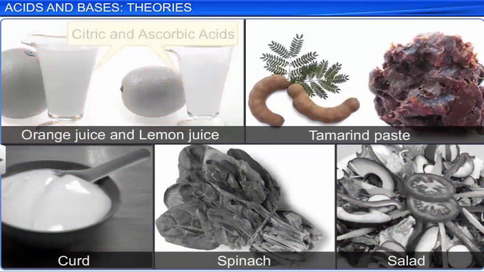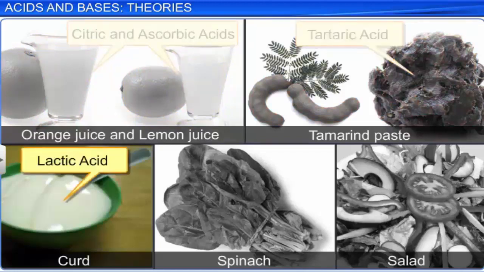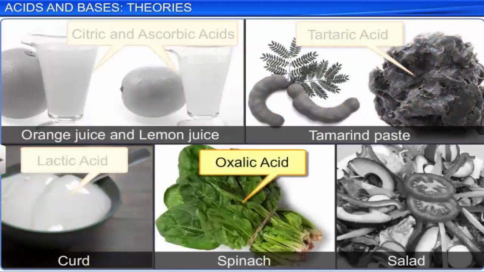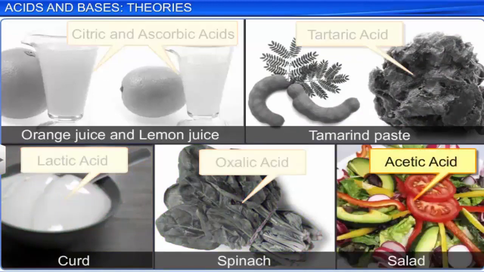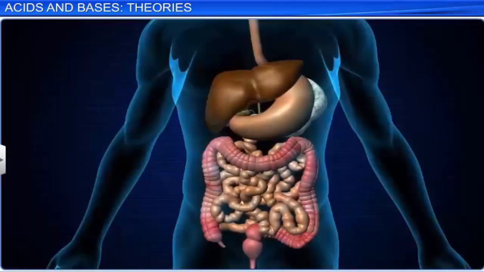Curd contains lactic acid. Spinach contains oxalic acid. Salads which are flavored with vinegar contain dilute acetic acid. Isn't it amazing that HCl is produced in our body and helps in digestion?